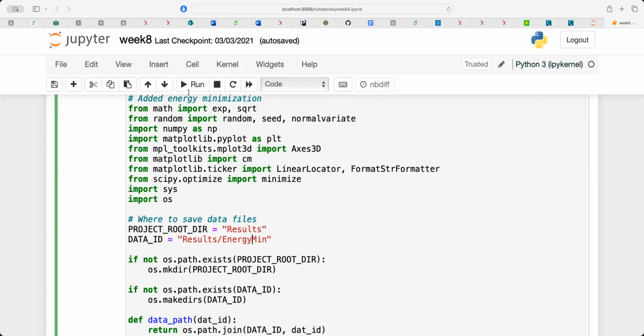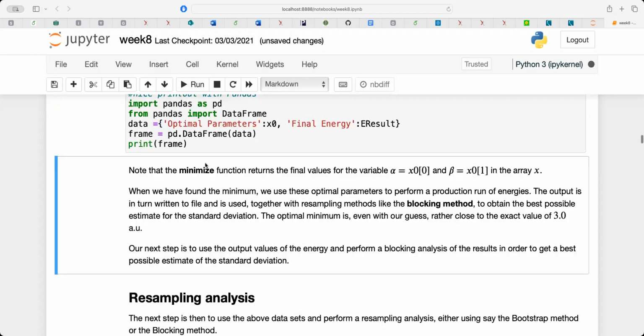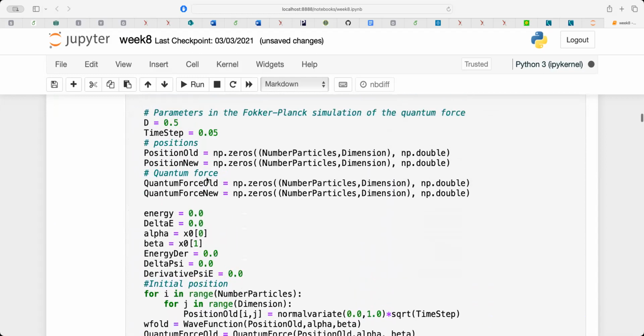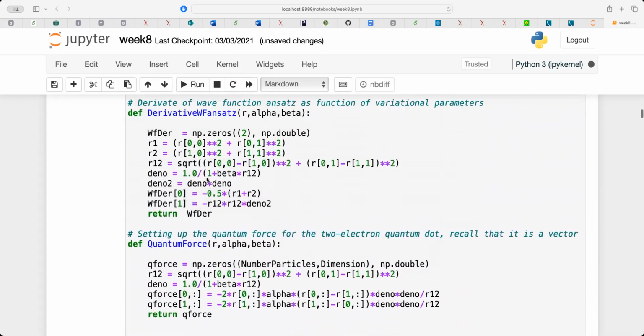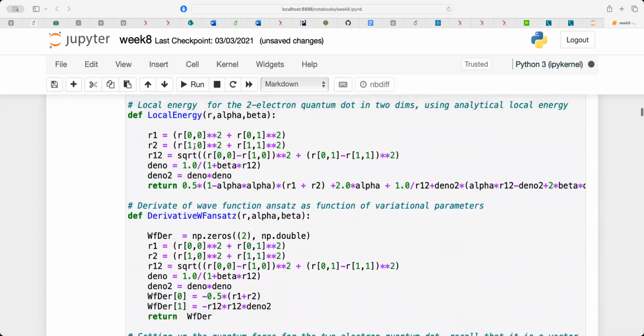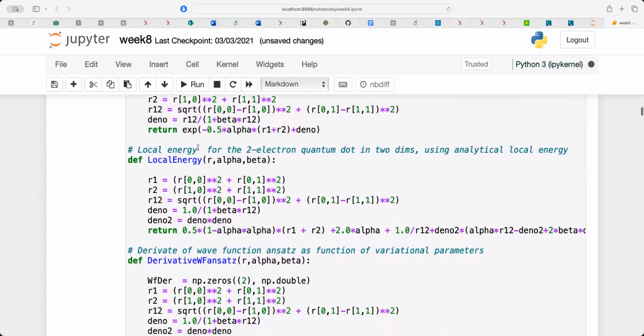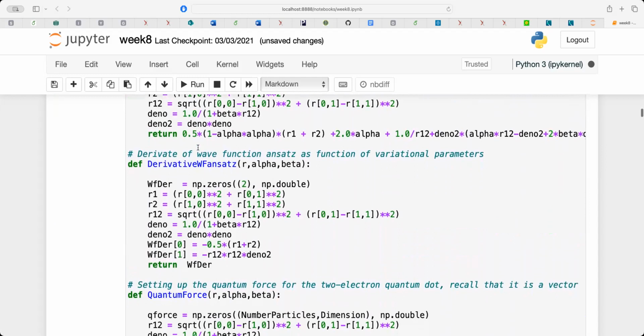So let me just run the code here and at the same time go through what it is doing, because you have seen this before. So this is now the same setup with the local energy. We have the trial wave function. This is done for the 2-electron case with a specific correlated path for the wave function. So there's nothing new here with respect to what you have seen before.